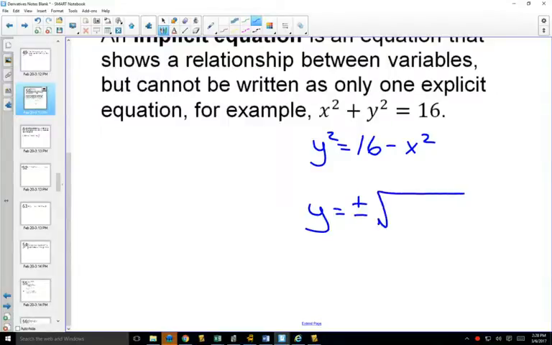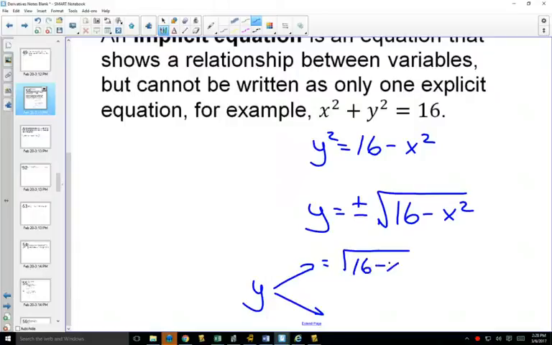You have to add that plus or minus. So what that means is you actually get two equations for y. It could equal the positive square root of 16 minus x squared, or it could equal the negative square root of 16 minus x squared. And this is why this is not a function. It is actually something else.